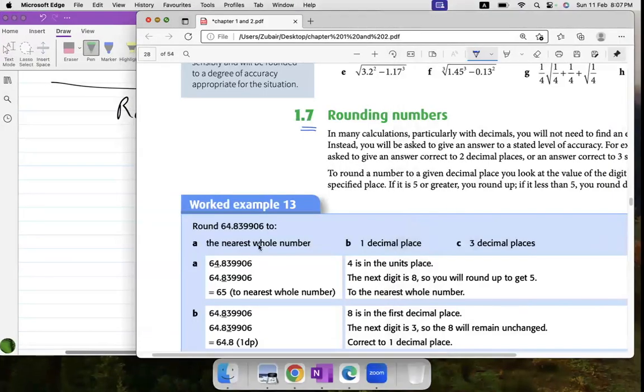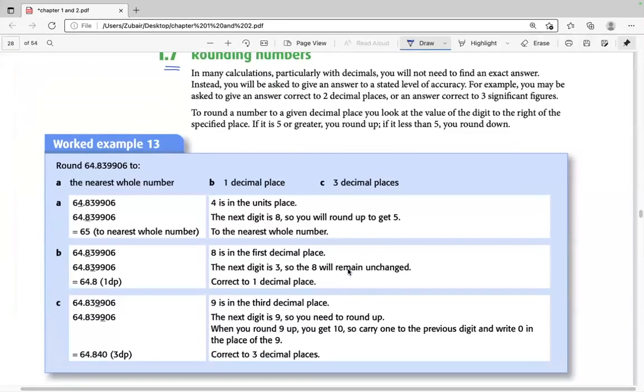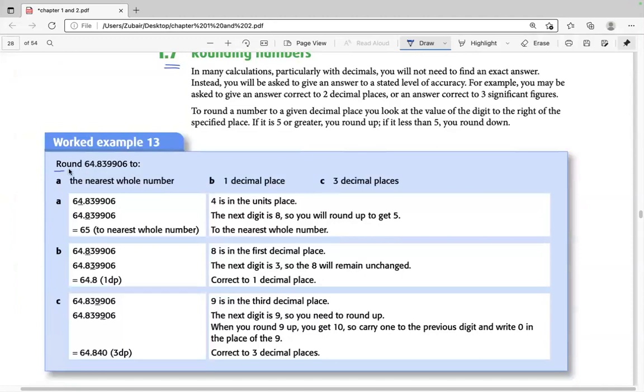This was the last exercise from this chapter, and then we'll be completing it. It says round this to the nearest whole number. Is this number clear? 64.839906. And to the nearest number, what should it be? 65. Correct.